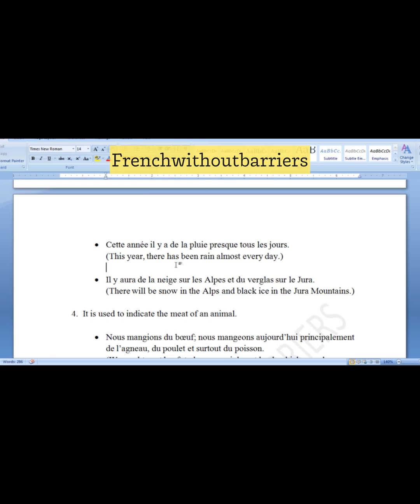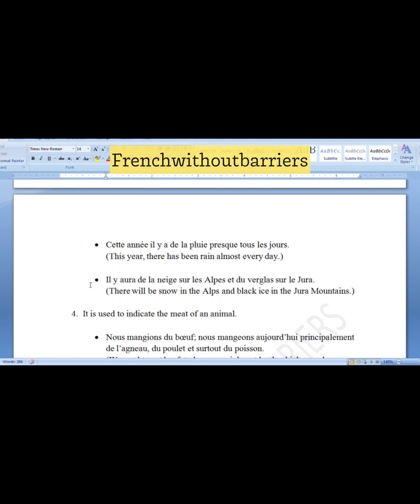Let's see the third example. Il y aura de la neige sur les Alpes et du verglas sur le Jura. There will be snow in the Alps and black ice in the Jura mountains.